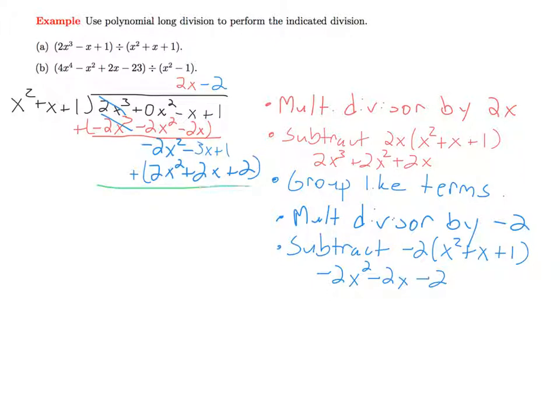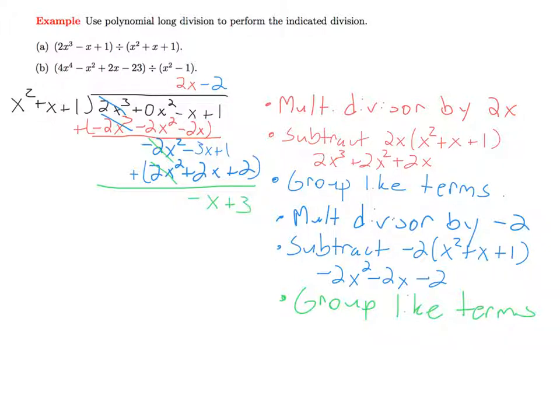And now we subtract, and we're going to group like terms. And so now we get a cancellation of the leading terms, which again, always had better happen. And the minus 3x plus 2x gives me minus x, and the plus 1 plus 2 gives me plus 3.